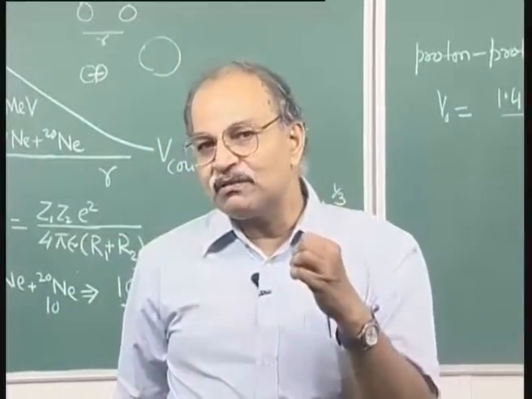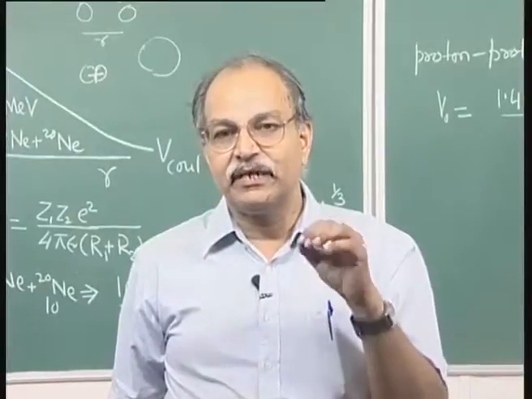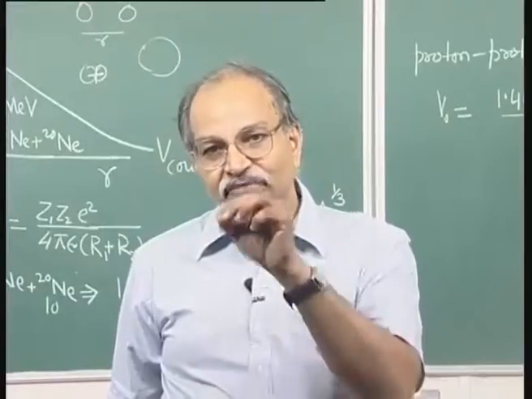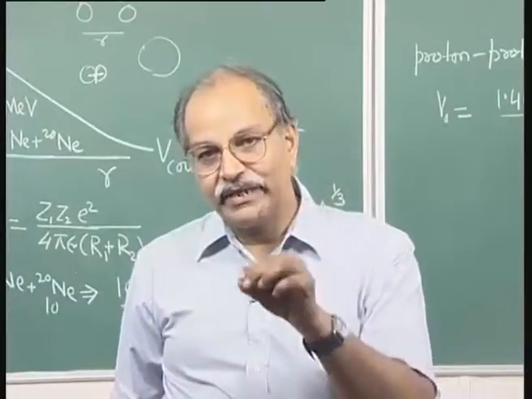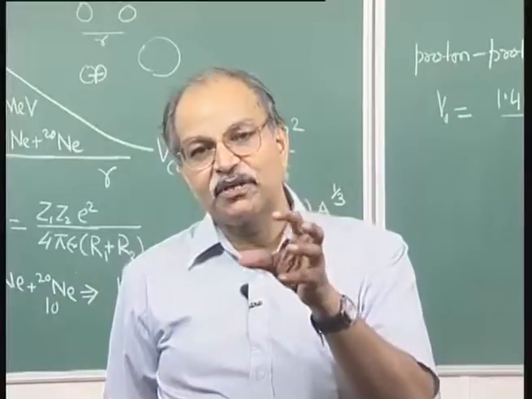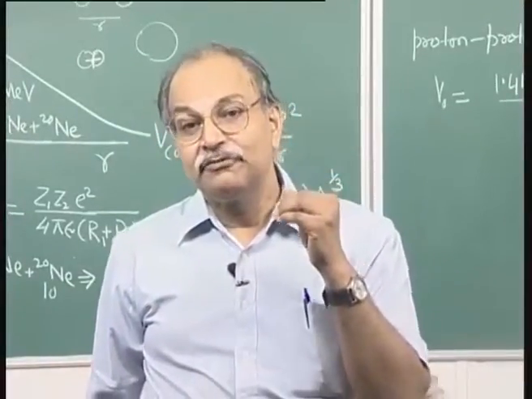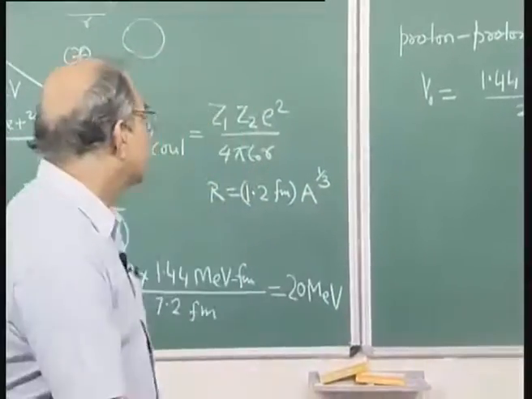When nuclear fusion is done using this thermal kinetic energy of the particles, of these nuclei, in a gaseous type of system confined into a volume, we call it thermonuclear fusion, right, thermonuclear fusion.